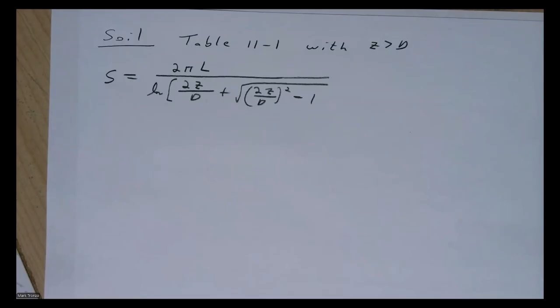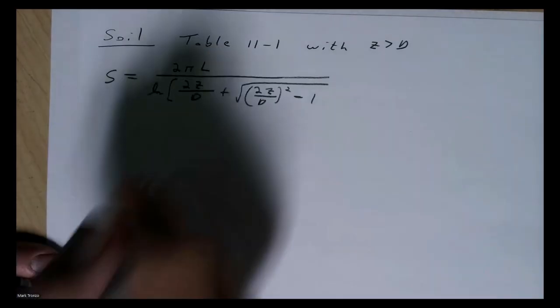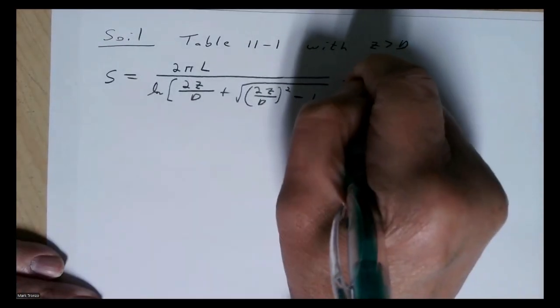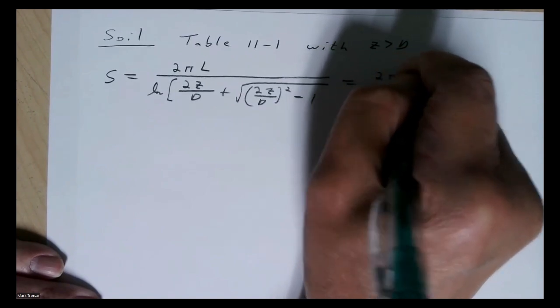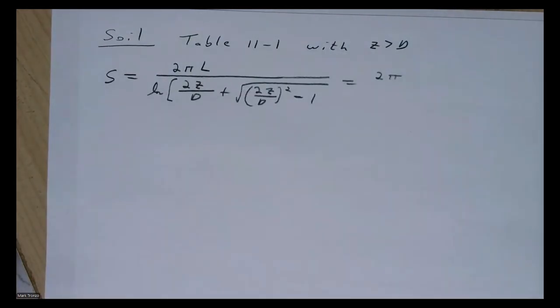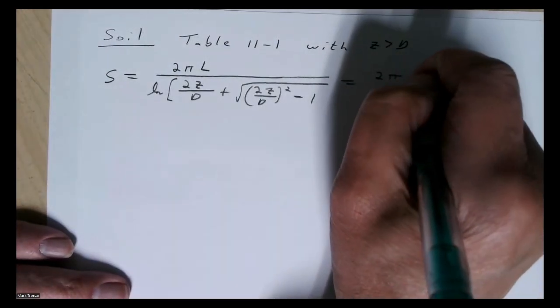So let's go ahead and put in all of our values. I'm going to put this up here, 2 pi. Remember our length? Our length was 15,840.